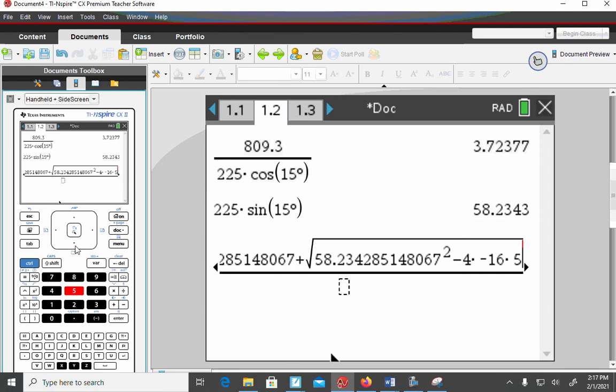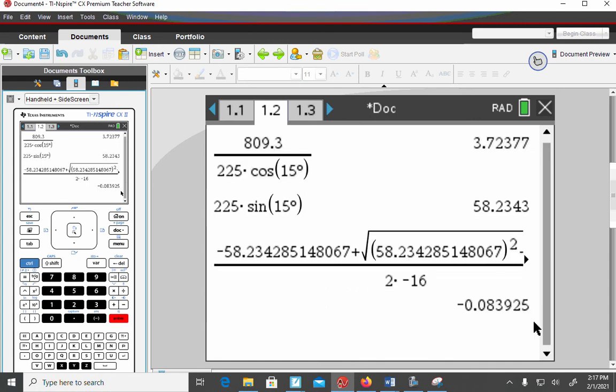And this is all over 2 times a, which is negative 16. When I do that, I get a negative answer. Well, that's the one before the arrow went off, so that's not the one I want.